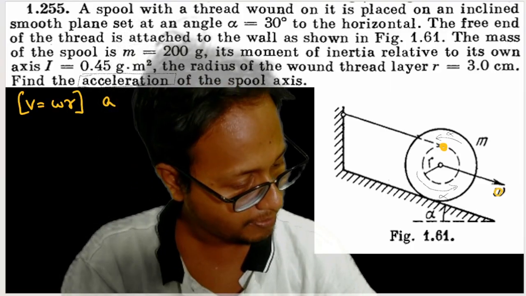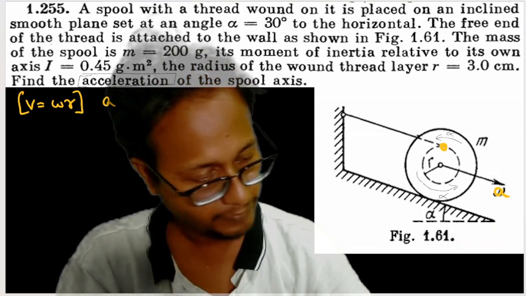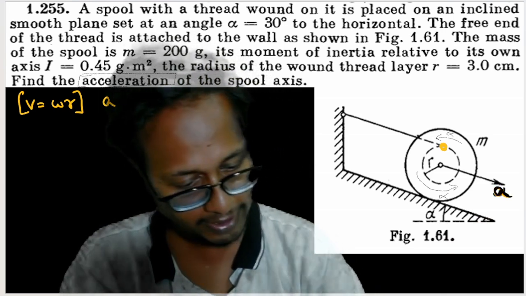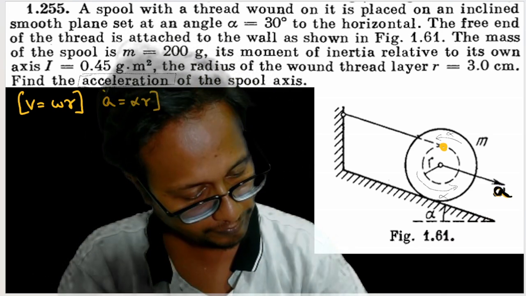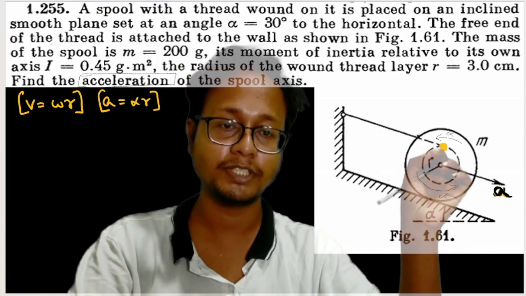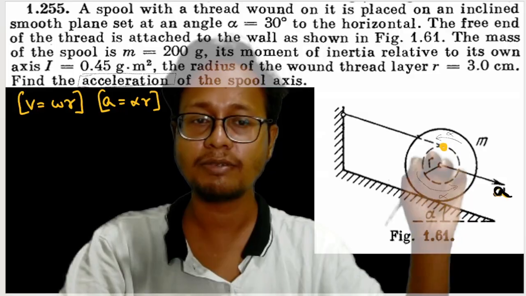Let me write this A. Instead of using Irodov notations, I'm going to use normal notation. So if I know by observation that this is the instantaneous axis of rotation, I know that V is equal to omega r and A is equal to alpha r.